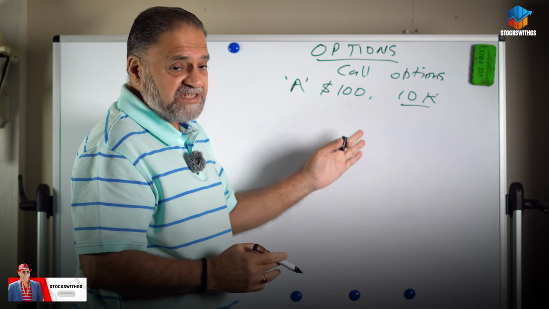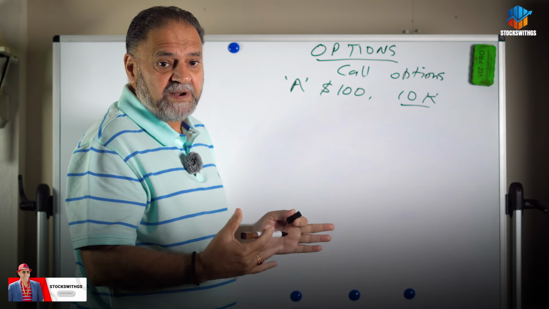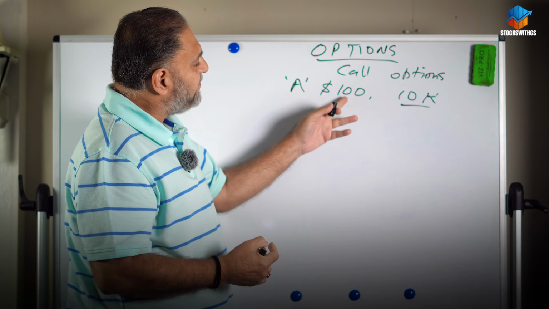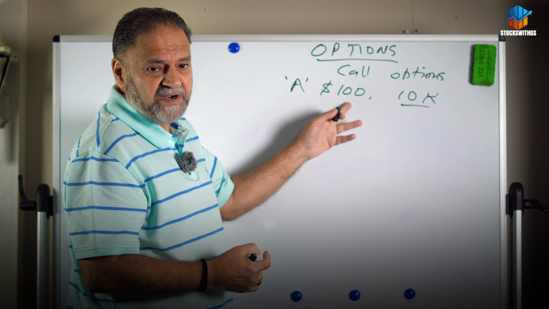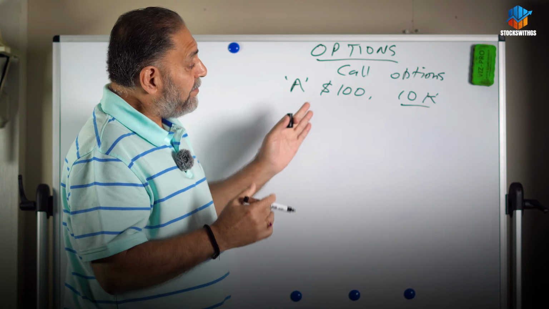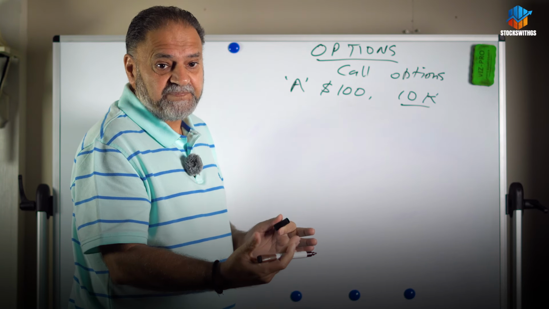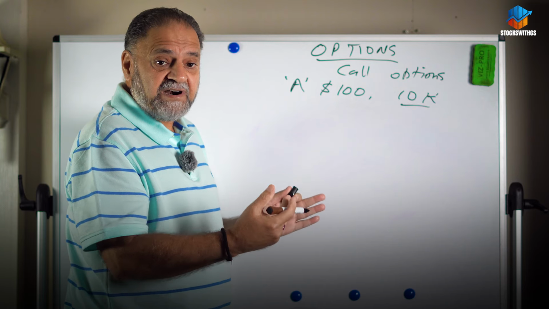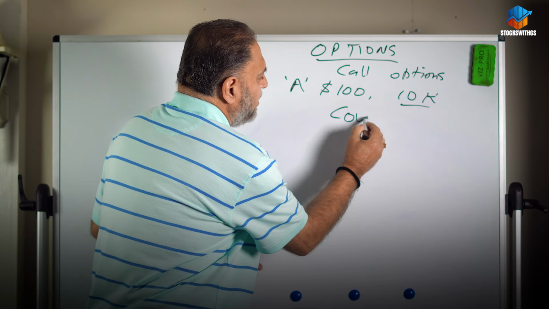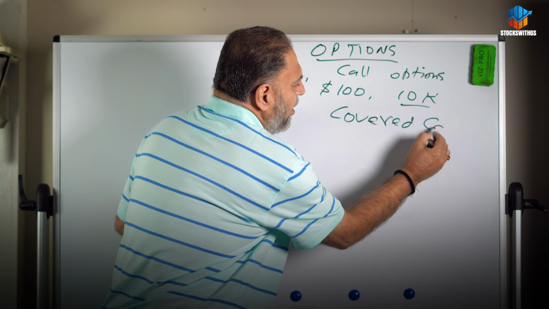Or the company pays dividends. Those are the only two ways you can make money: if the stock appreciates, and the second, you get a dividend. Dividend is negligible. But I'm going to tell you the third way you can make money on your investment. That is called covered call.